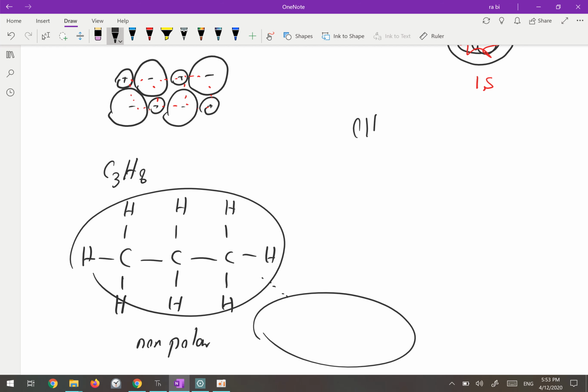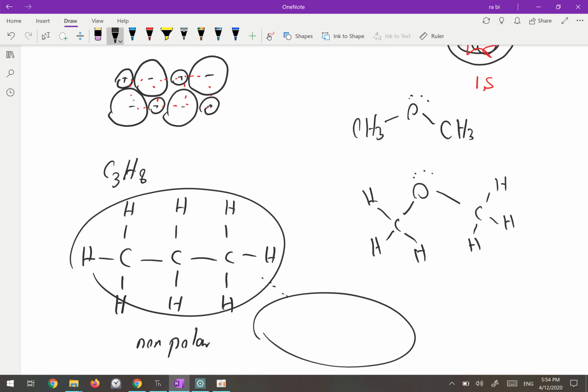But CH3OCH3, this is the ether. Okay, so if I want to draw it in expanded format, something like this. Around the oxygen you have the bent molecule, because it has two dipoles and it has four domains.